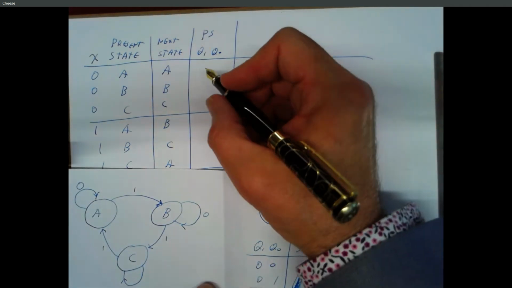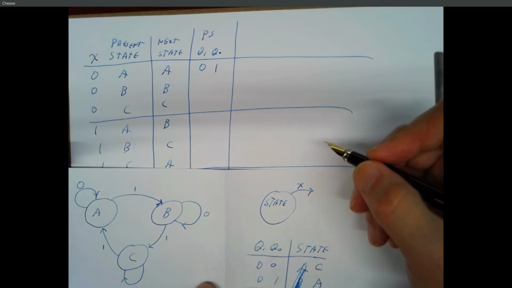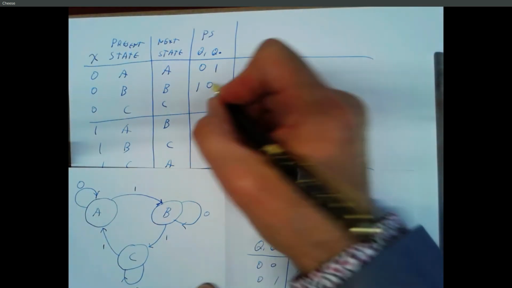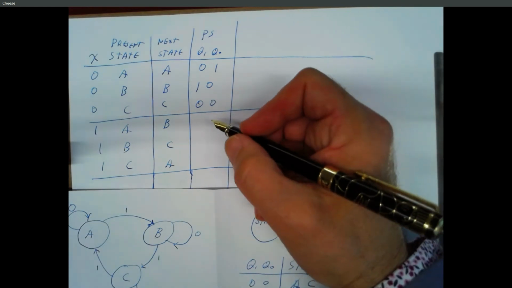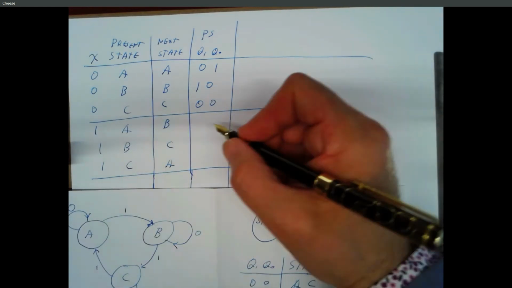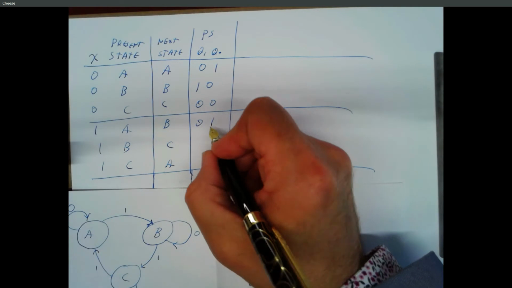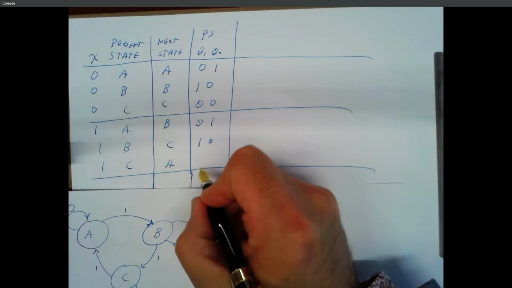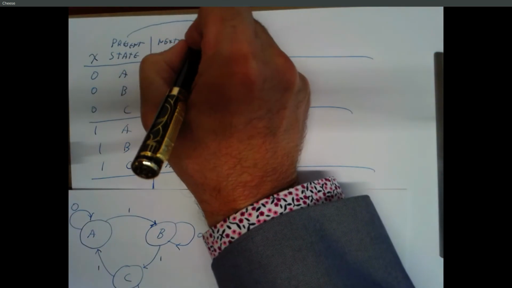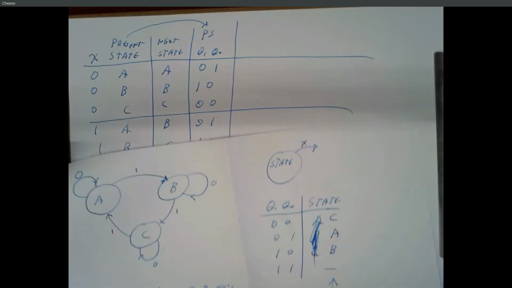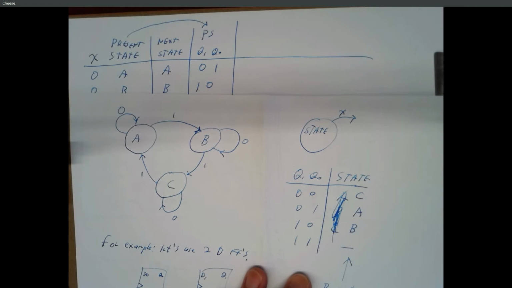State A is 0, 1, state B is 1, 0, state C is 0, 0. I'm just getting this from the present state column, filling in from our state table.